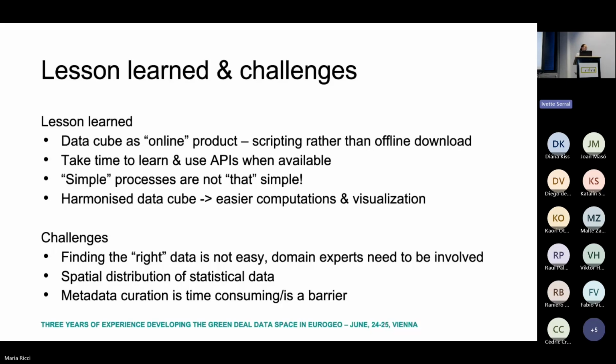Invest time in learning the APIs, because more and more often there are APIs available, but still very heterogeneous and they need to be learned. And even if all these processes are complex, it is anyway easier for us as data analysts to work with data cubes, with harmonized gridded data, rather than keeping all the data in different formats and trying to do the analysis on different formats.